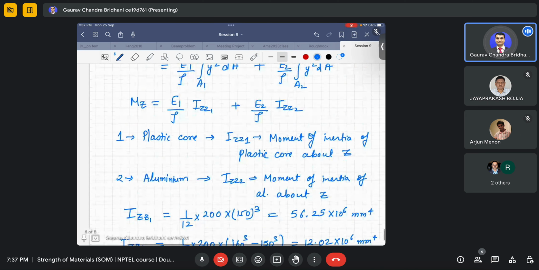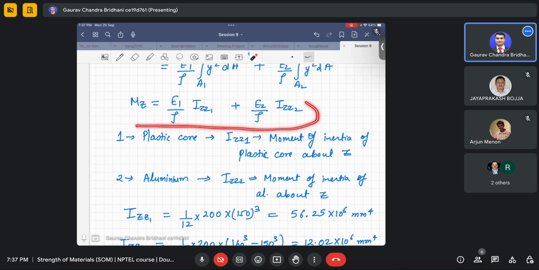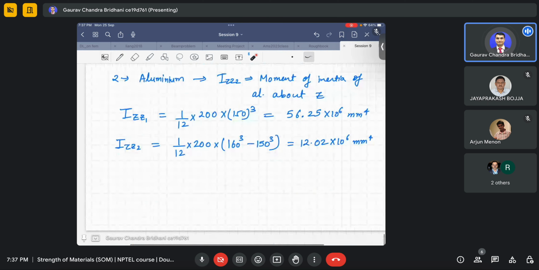Now in this formula, E1 is given, E2 is also given. We just calculated IZZ1 and IZZ2, and we also know the bending moment. What is unknown is the rho, the radius of curvature. That means we can easily find it. So I will rearrange that equation.